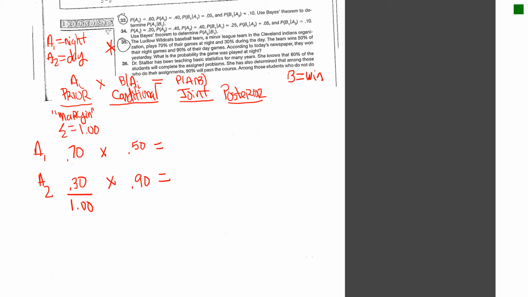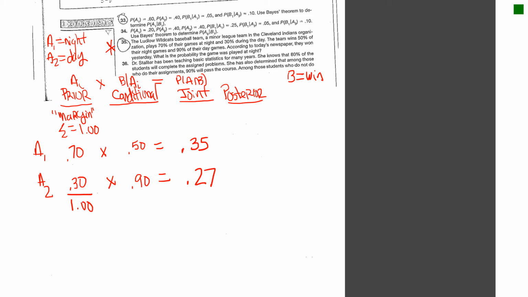So if you take 0.7 and multiply that by 0.5, you get 0.35. I'm going to put that right here as 0.35. Now, if I take 0.30 and multiply that by 0.90, that's going to give me 0.27, and I'm going to put that right there. Again, that refers to your intersection or your joints.